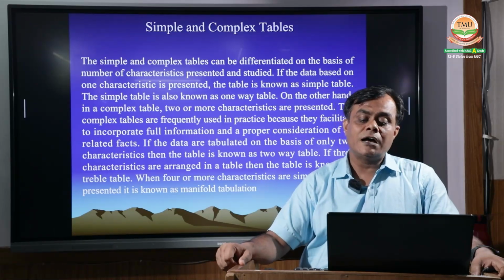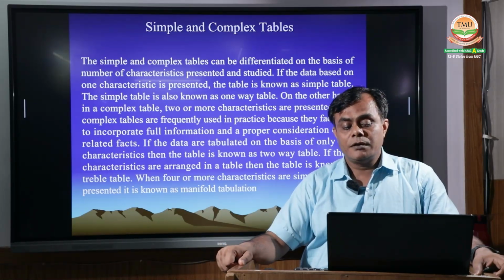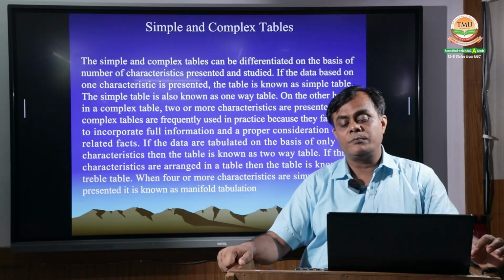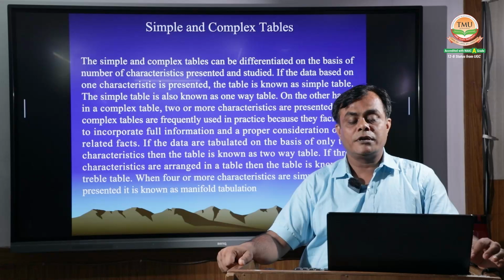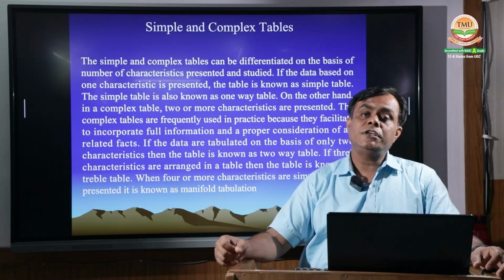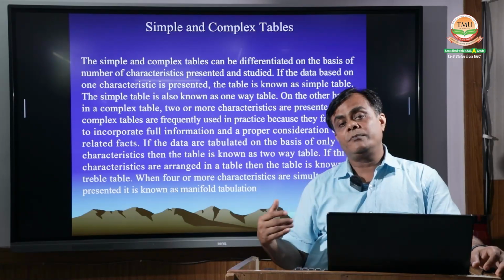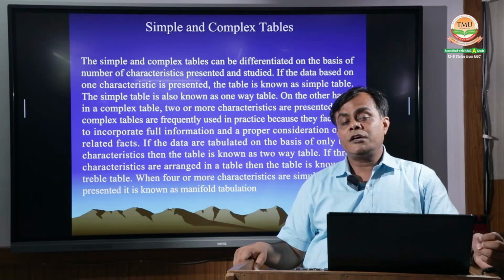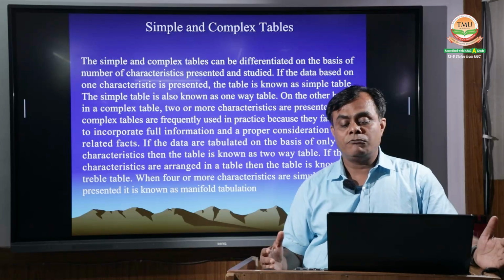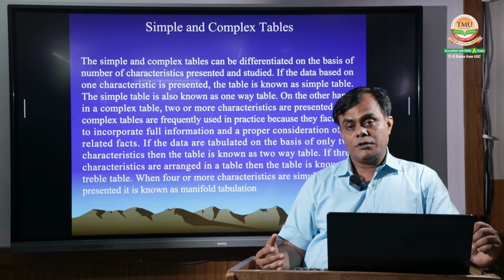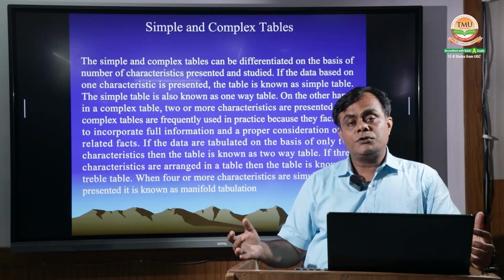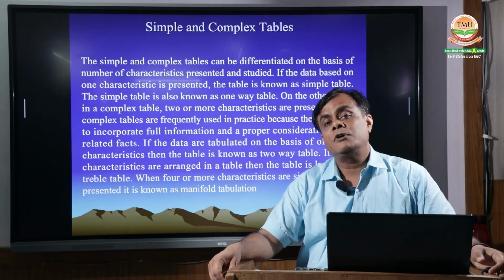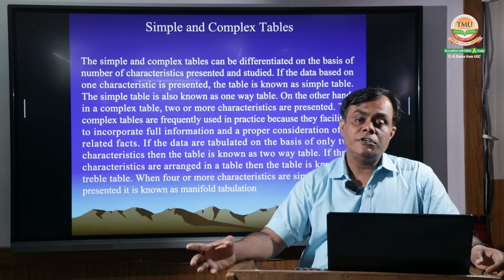Complex tables are frequently used in practice because they facilitate incorporating full information and proper consideration of all related factors. Complexity lets us present information in a better manner, with full information in one table. So complexity is not bad for any table. An increase in complexity means you are putting a lot of information in a single table.